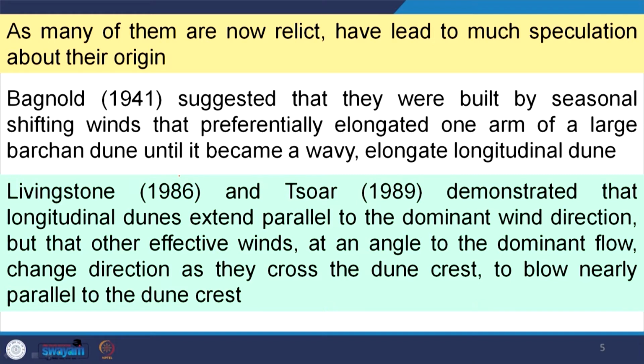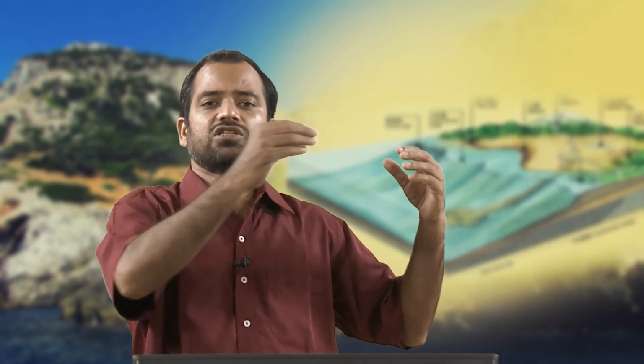But here, this gentleman is the pioneer worker in arid region geomorphology. He found that these elongations are part of the large dune, the Barkhan, and the two arms of the Barkhan are elongated in the wind direction. But later on this was modified to a certain extent.